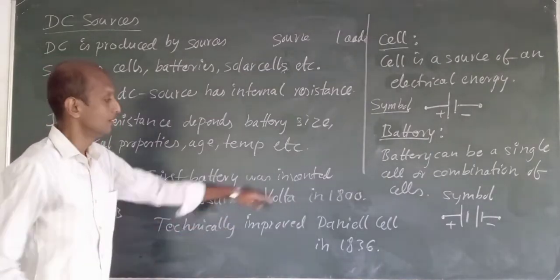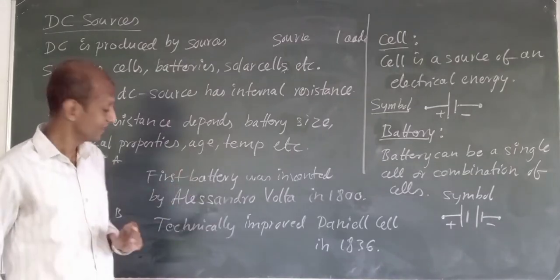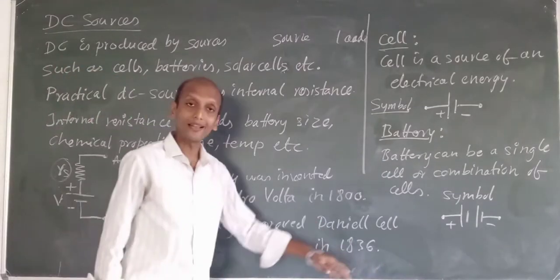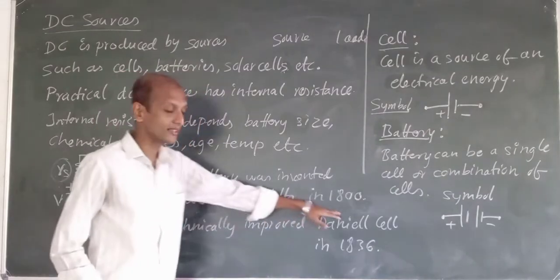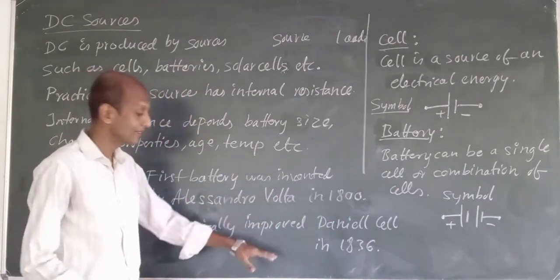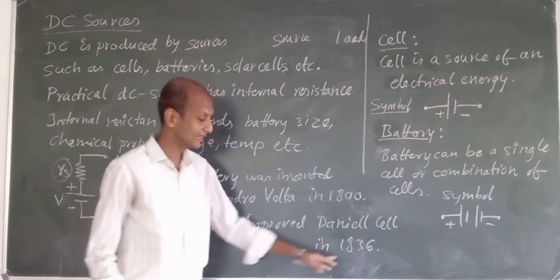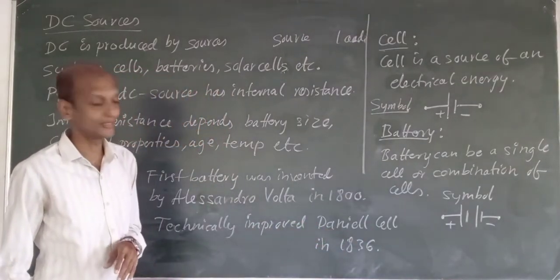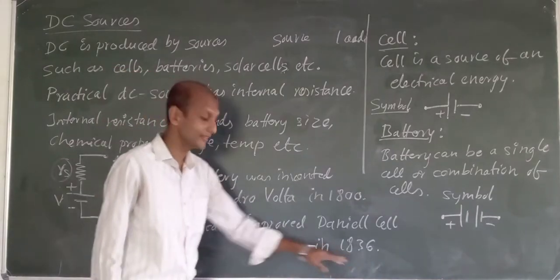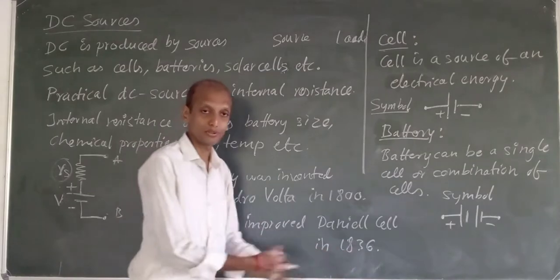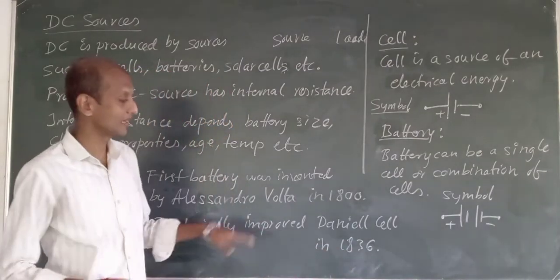Later it was technically improved to make the Daniell cell in the year 1836, and this is what we use nowadays.